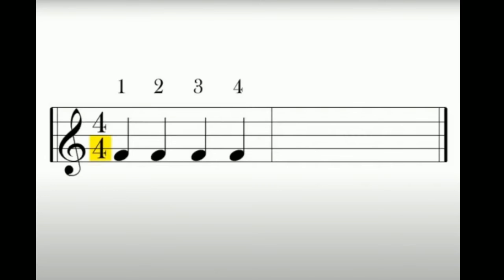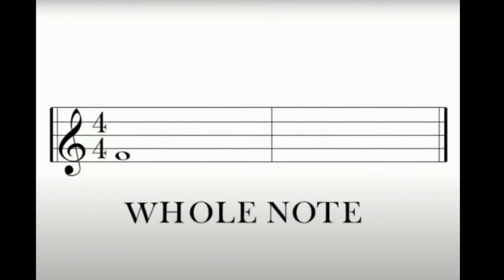Now, this does not mean that there will always be 4 visible quarter notes in every measure that you see, because any combination of whole notes, half notes, quarter notes, as well as any number of notes or durations can be used in 4/4 time.